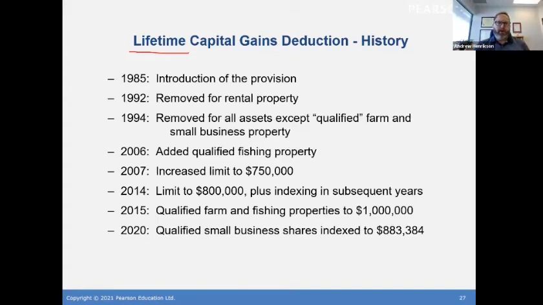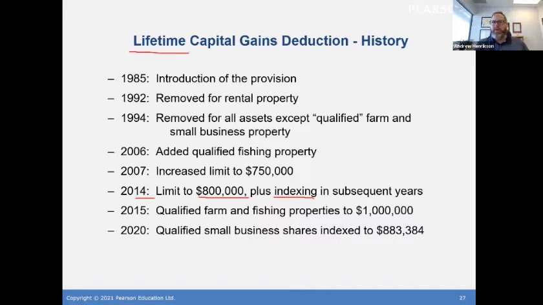There's a little bit of a life cycle here for it. Back in 2014, we hit the amount of $800,000, but they set it up to index it moving forward. A lot of things are indexed, and that's what causes our rates to change every single year.